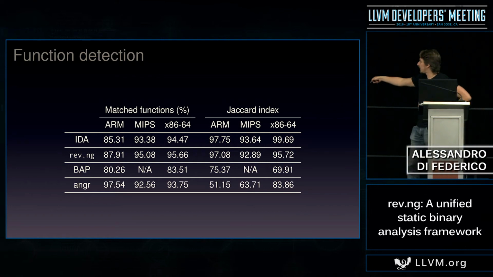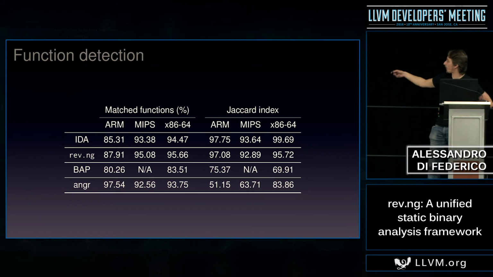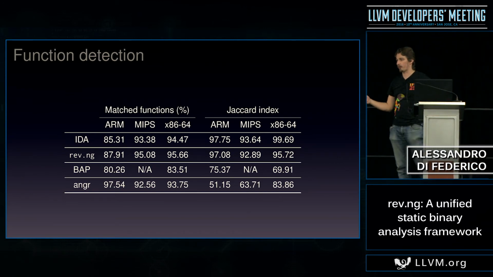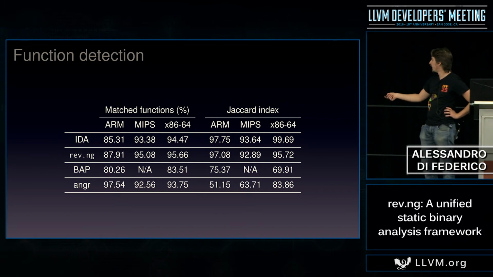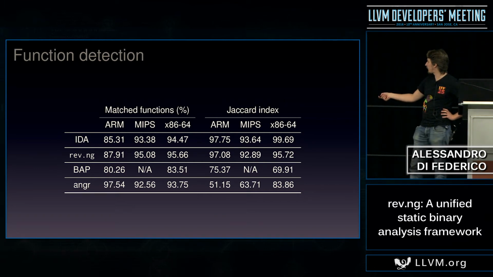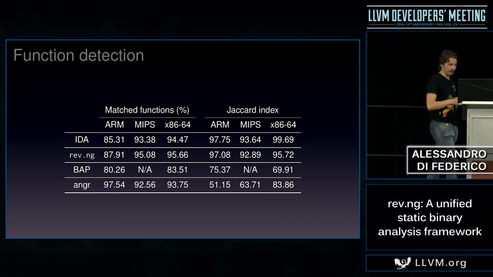As you can see, the first three columns report the percentage of matched functions without looking at the quality of the matching, just to see how many of them we match. We are always better than IDA, and so we can recover more functions than IDA. We can at least identify that those are functions.